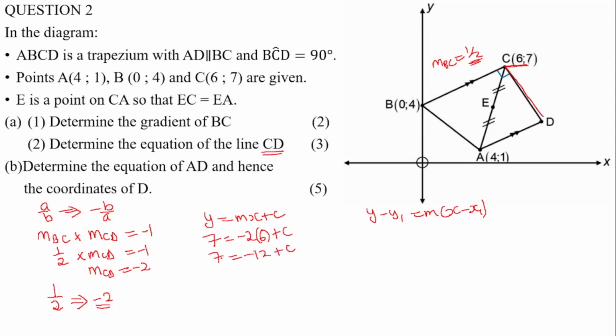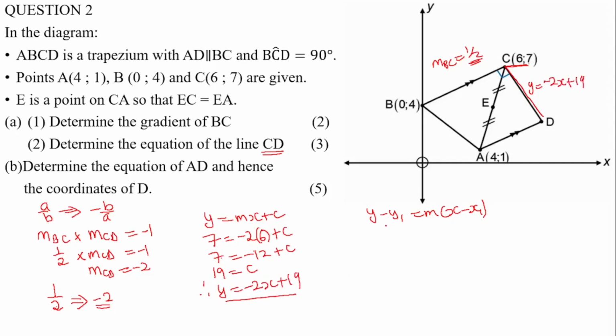Right, transpose negative 12, this side becomes positive 19, so it's equal to c. So therefore the equation of the line CD is y is equal to negative 2x plus 19. Okay, right, so y is equal to negative 2x plus 19.